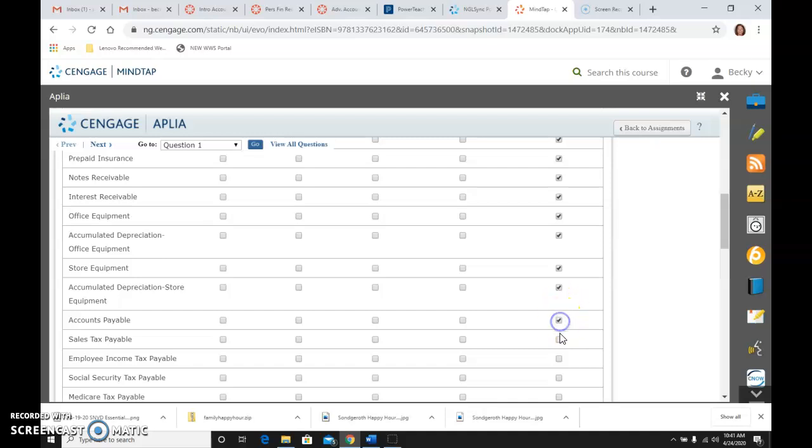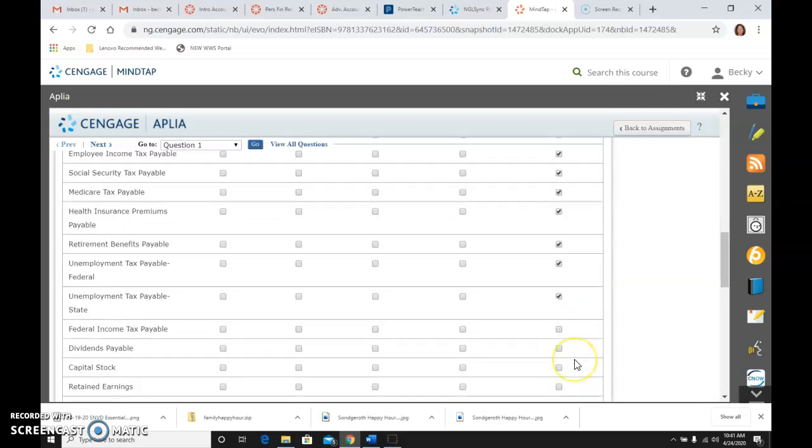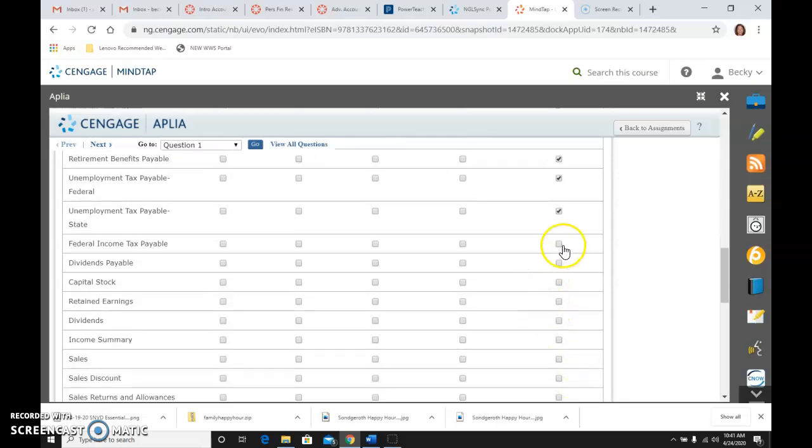Then accounts payable, all the liabilities, so any payable, not on the income statement. Capital stock, not on the income statement. Retained earnings, not on the income statement. Dividends, not on the income statement. Income summary, not on the income statement.